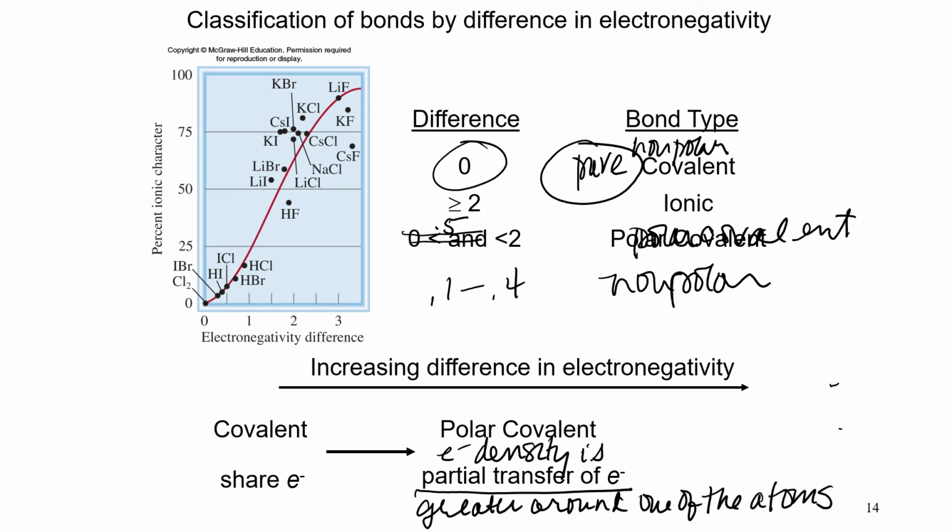And that atom would be the more electronegative atom. And when we have an ionic bond, of course, we've got a total transfer from one element to the other.